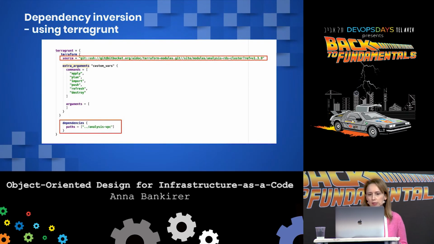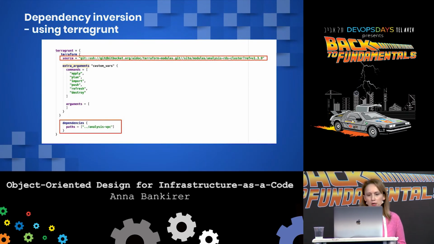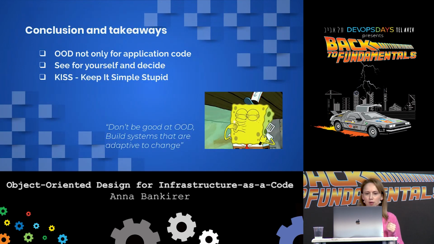So in this case, you can see that our RDS cluster has a dependency on our VPC, but it's a really, really abstract dependency. It doesn't really know anything about how it's implemented or who created it, and if we want to change it in the future, it will be much easier to change.